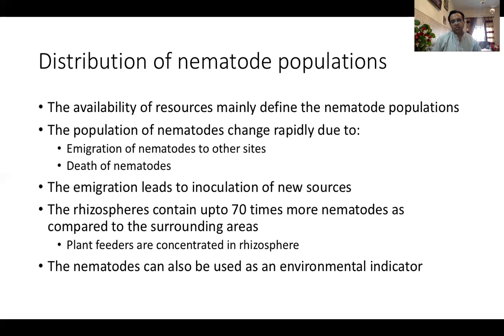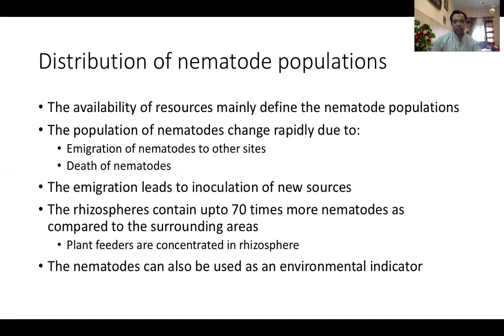So as we see, nematodes respond to the environment very quickly. There is a prompt reaction of nematodes towards the environment, and they readily move or change their shape, I mean, they change their behavior.